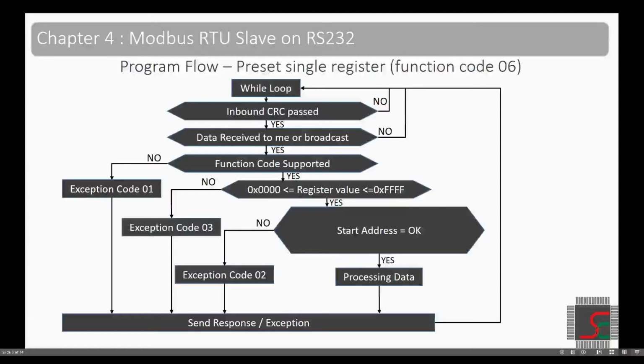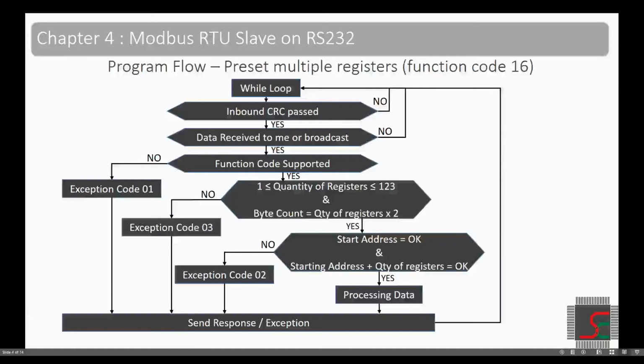That happens for all, and again this diagram is not invented by me, it is given in the Modbus application layer protocol. So I request and recommend you to visit modbus.org to study all these documents, which will be very useful for designing anything of your choice.